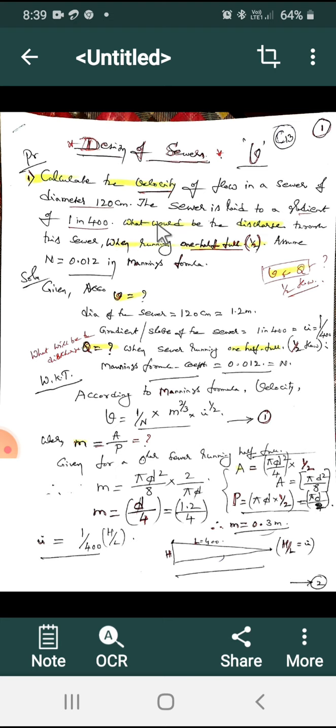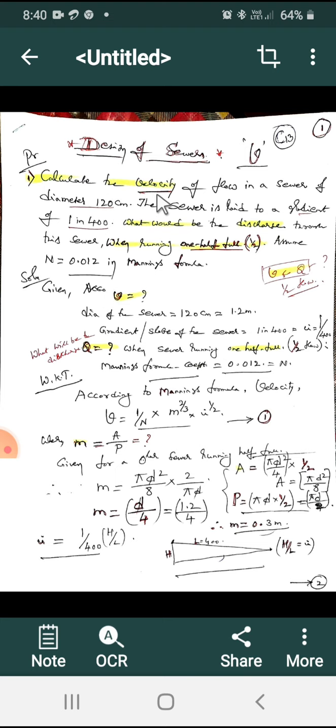The problem is given very clearly. Try to understand what it is. If you understand the language of English, the sentences, how to solve the problem becomes very easy. So before starting any problem, you have to write what the given values in the problem are, and what is going to be asked.